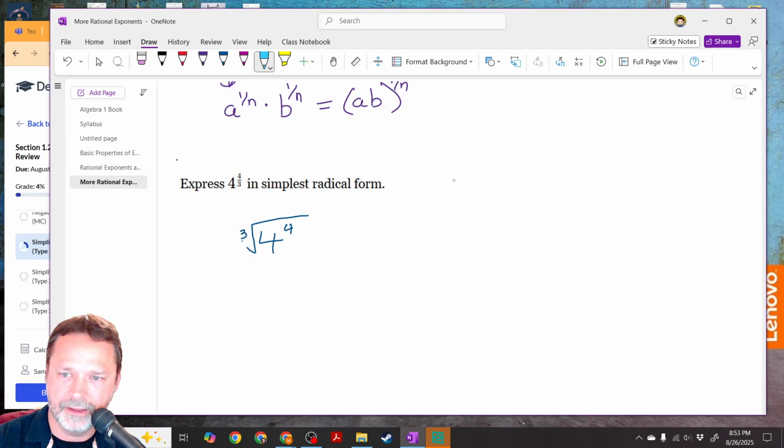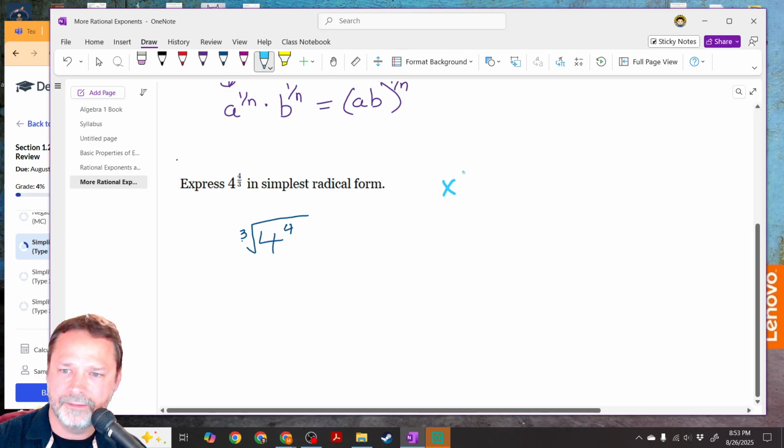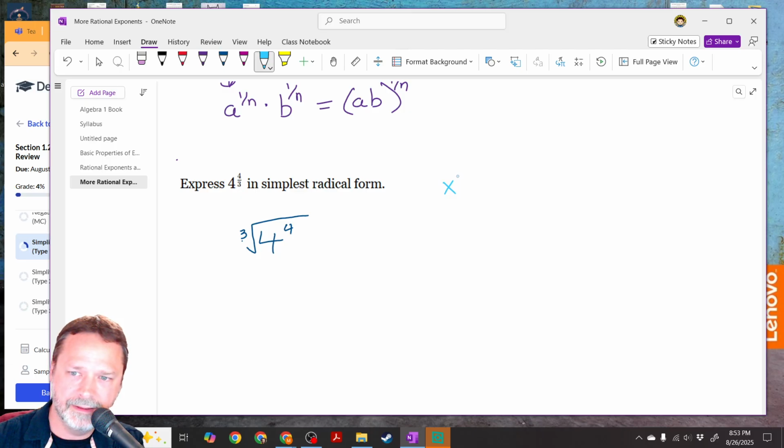So let's say this property here. If I have anything raised to the nth power, and then on top of that it's raised to the 1 over n, guess what? That is x. This is the same as saying the nth root of x to the n is x.